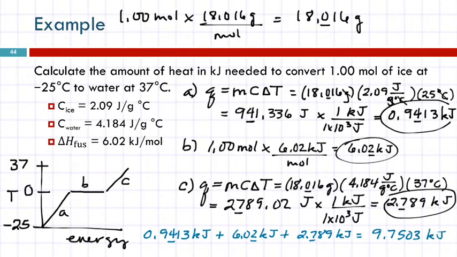We're adding. So for sig figs, this one has 2 decimal places, 2 decimal places, 1 decimal place. So I should round this to the first decimal place. And we're going to call that 9.6 and, no, 9.8, sorry. 9.8 kilojoules.